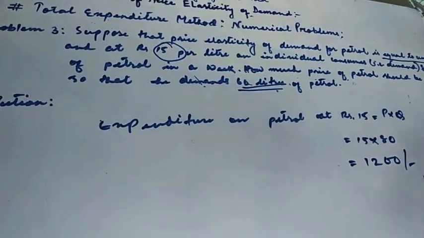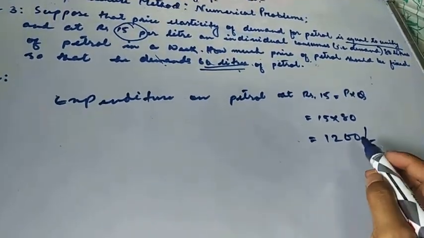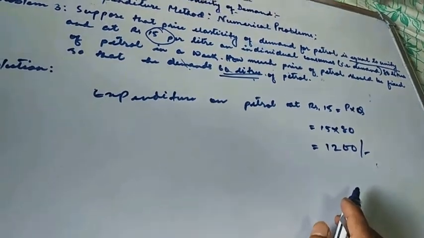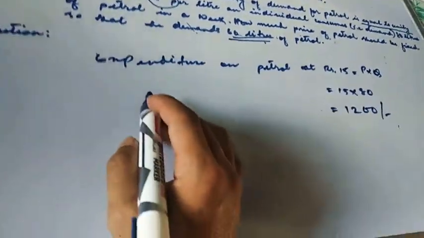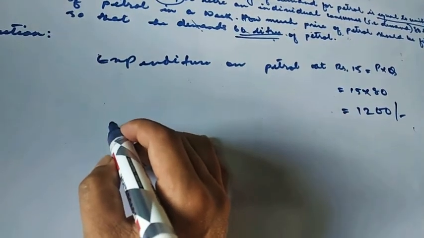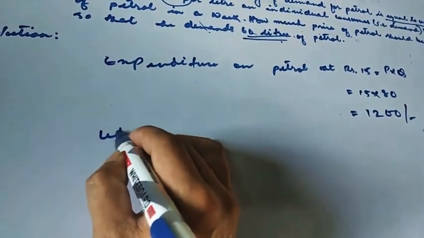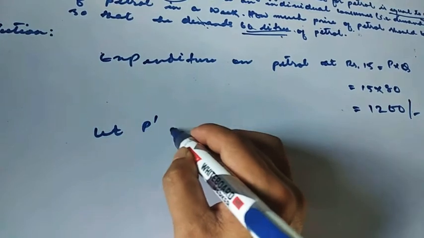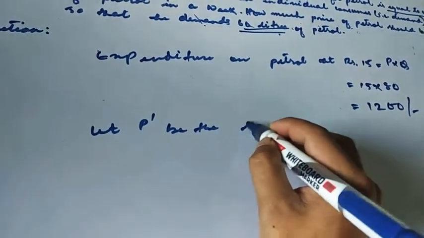So we have to fix a price so that his demand is reduced to 60 liters. Let P dash be the higher price.